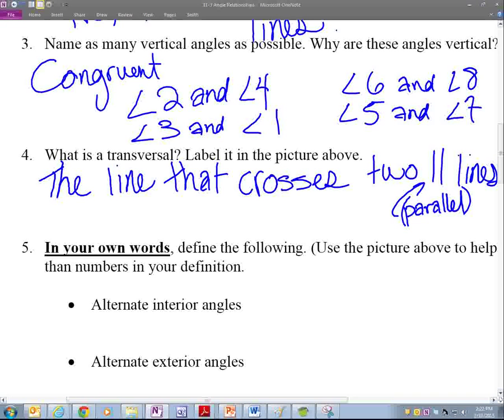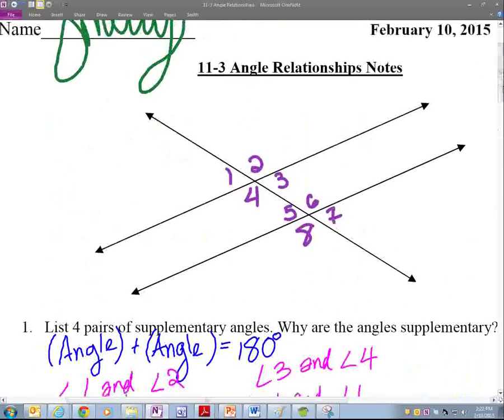Now, in your own words, define the following, and you're going to use it. Oh, we didn't label the transversal. Whenever you see lines and planes labeled, often rather than a capital letter, you're going to see a lowercase letter that is italicized. So we're going to go ahead and label this transversal T. Angles are usually numbers or capital letters.